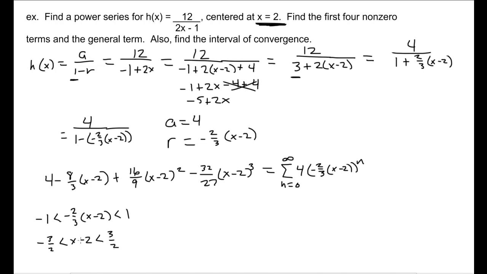And then we add 2, which is 4/2. So we end with 1/2 less than x is less than 7/2. So the interval of convergence is 1/2 to 7/2. So this is a good approximation of the original function as long as x is between 1/2 and 7/2.